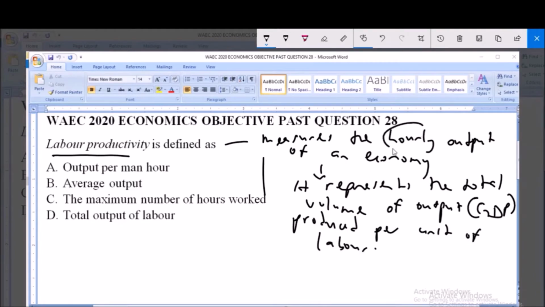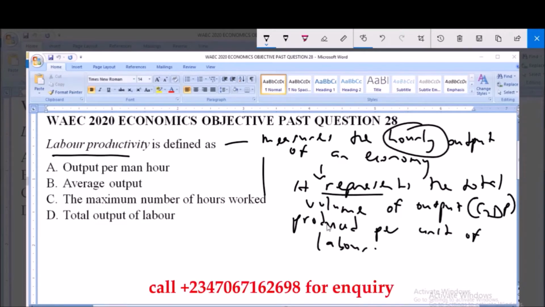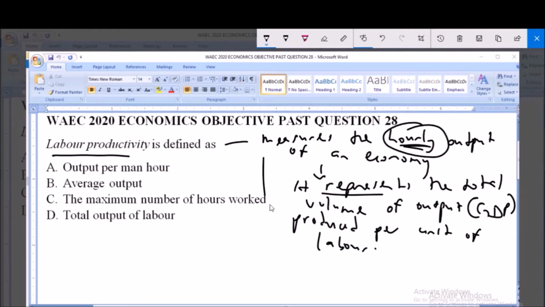So the hourly output per person is a function of the number of employed persons and their hourly output.